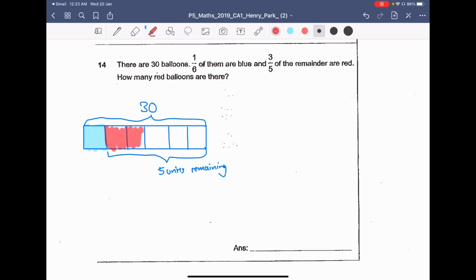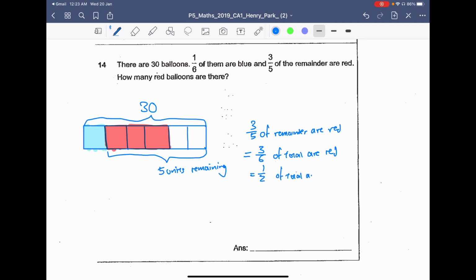So this portion here is red. So 3/5 of remainder are red, which is also equal to 3/6 of total, so equals half of total.